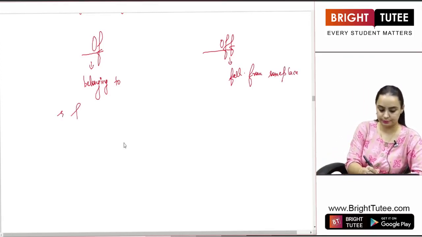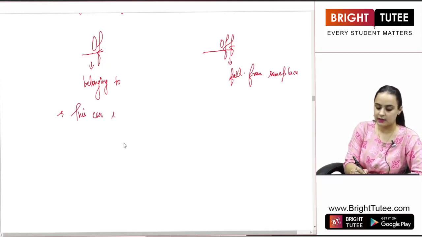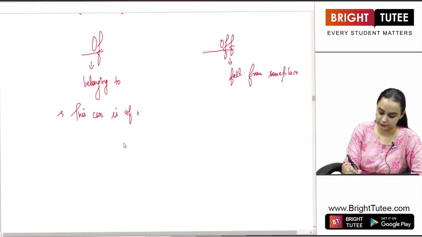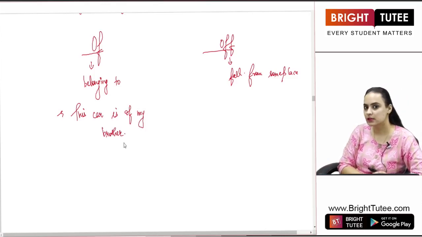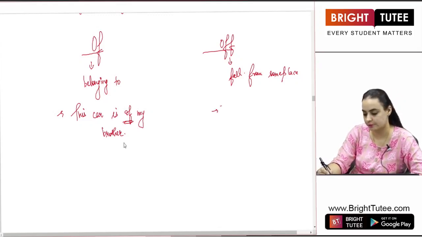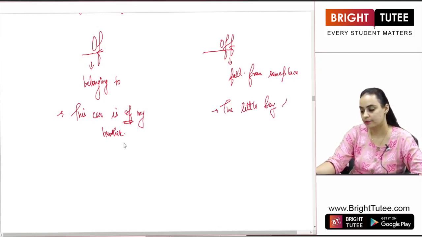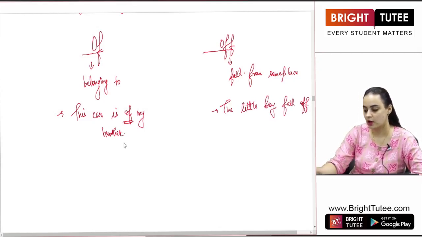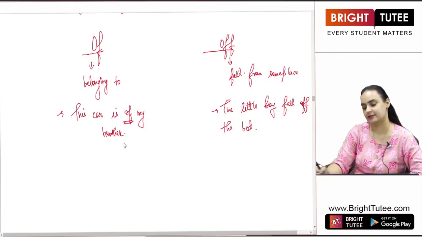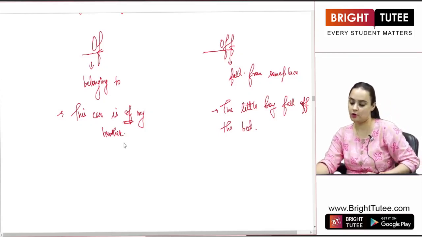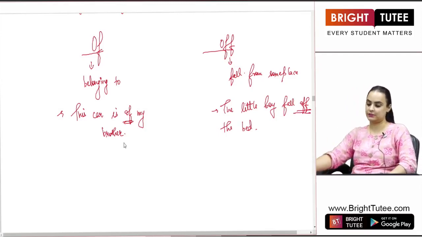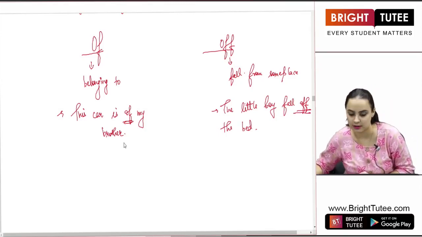For example, this car is of my brother. So who does the car belong to? Of my brother. And if I give you an example, the little boy fell off the bed. So where did the little boy fall? Off the bed. So this is the difference between of and off.